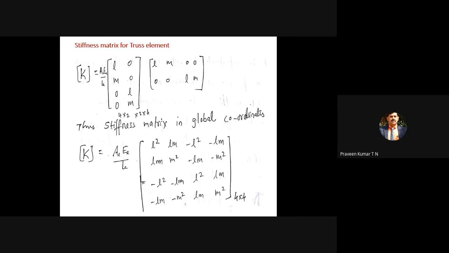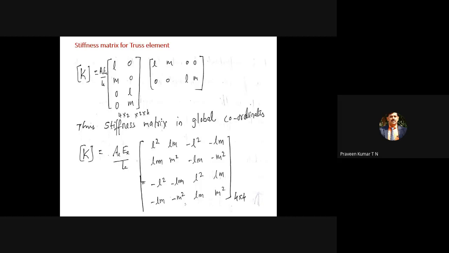So if you remember the first 4 elements, L square, LM, M square, that's the first 4 elements. Then it is a positive diagonal. So on the diagonal side also it is L square, LM, M square. Then the top right side: whatever the 4 terms are here, you have to write them with a negative sign.